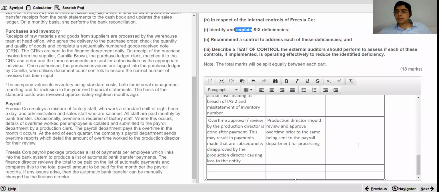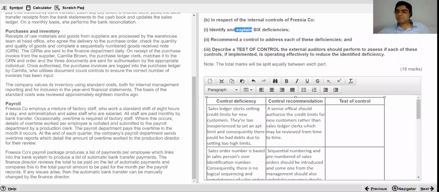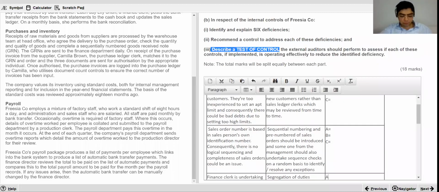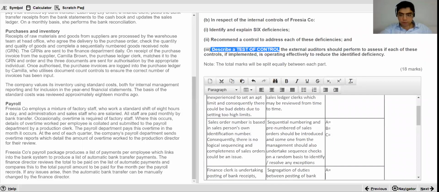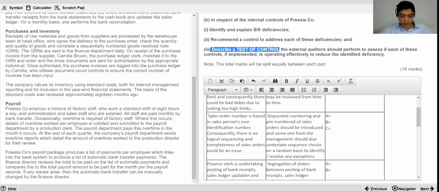Now the difficult part starts. And what is that? Describe a test of control. That is the difficult part. One thing you know about it is there's going to be an A, a B, and a C. Now, you are obviously not going to include that in your exam answers, but I am including them for the purpose of clarification.